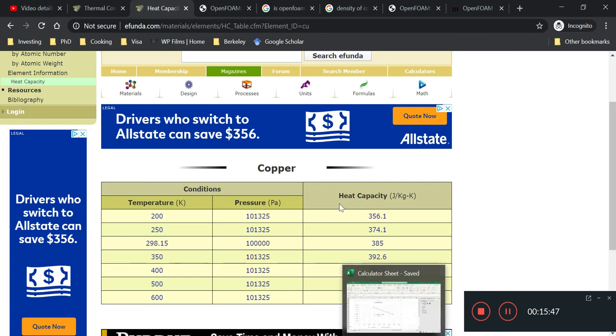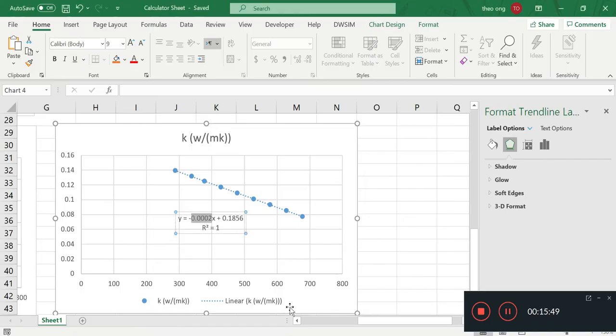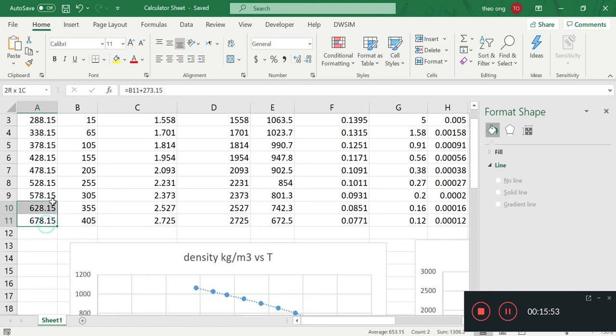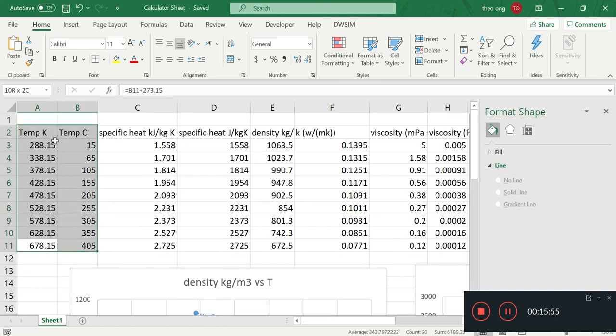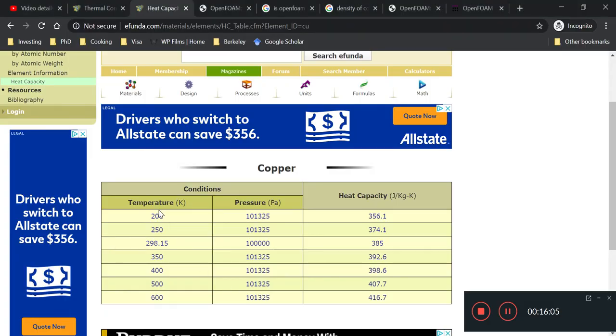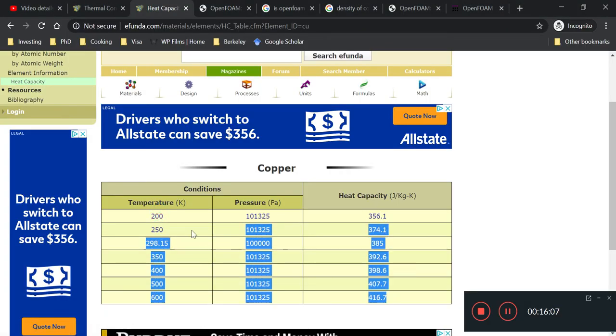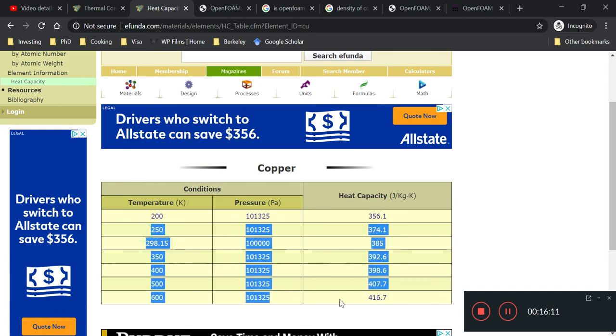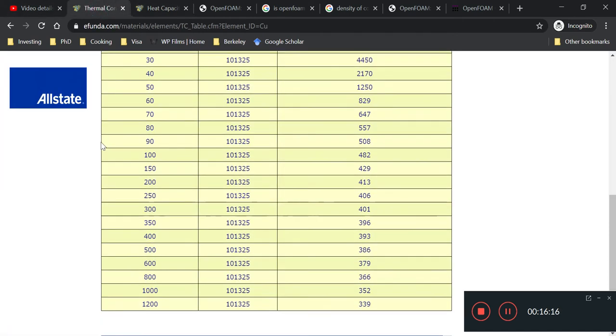So what's the temperature range we are looking at? In Kelvin, it's from 288 to 678. So this is 200 to 600, which is a roughly fair match. I think we can actually incorporate all the data in. I mean, why not?